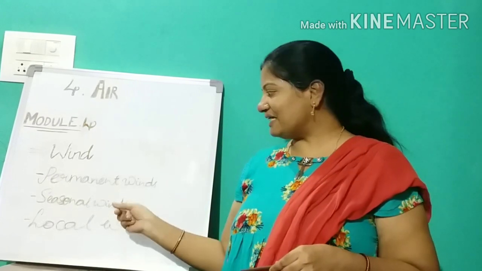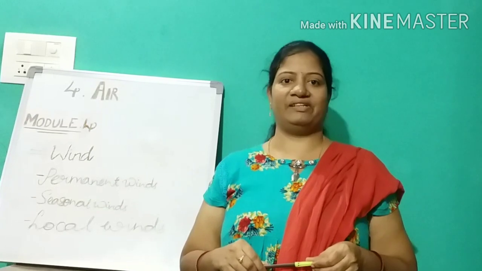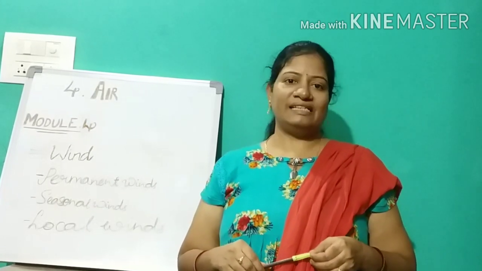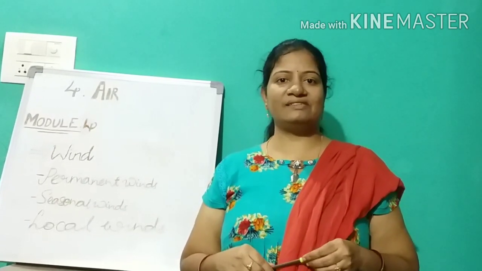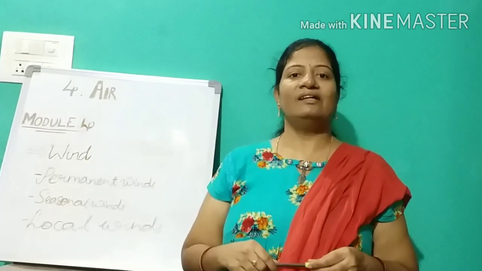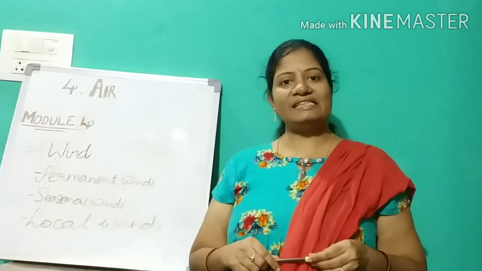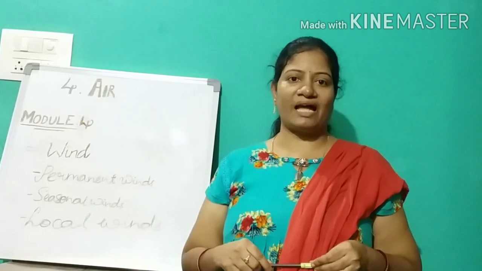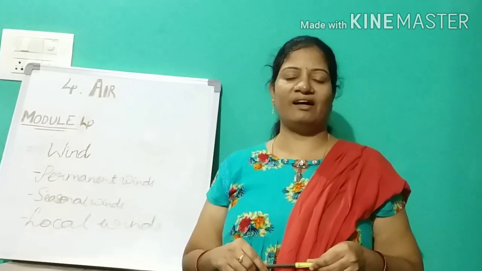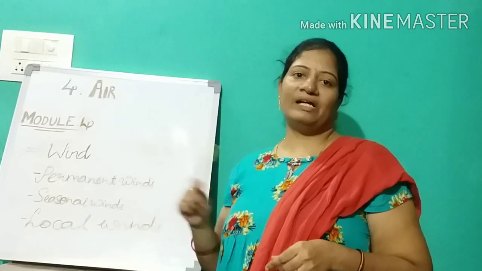Okay, and next, coming to the seasonal winds. Seasonal winds are also called periodic winds. Based on the season in a particular area, these winds will blow, but not like planetary winds. For these seasonal winds, monsoons and land breeze and sea breeze are the best examples. And next, coming to the local winds.